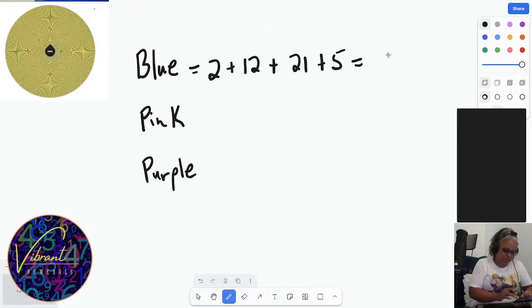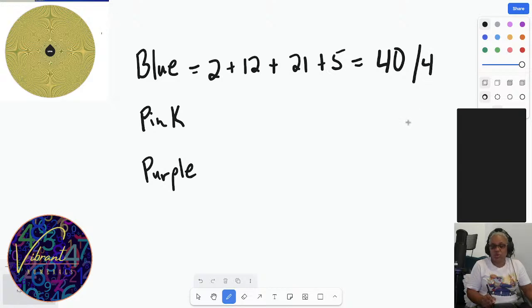But I'm going to use a calculator just to make sure. But yes, it's 40. So when we say the word blue, we are putting out this 40 vibration, which is 4. But when we're actually looking at blue, we're getting the 40 vibration because that's what we're thinking about, but also we're getting the wavelength vibration.